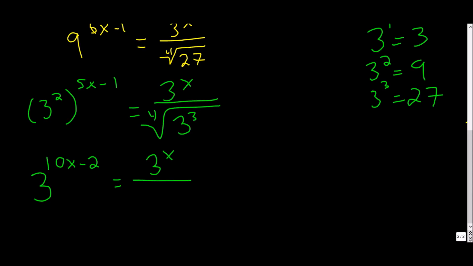If we remember from our flashback, what we do is we take the power over the root. So this becomes 3 to the 3/4. Sorry if that's a little sloppy. But now we have a start. Now we can move along from there.